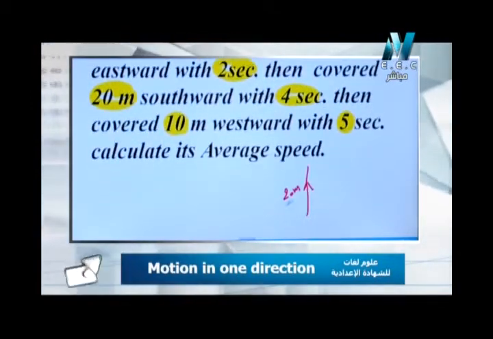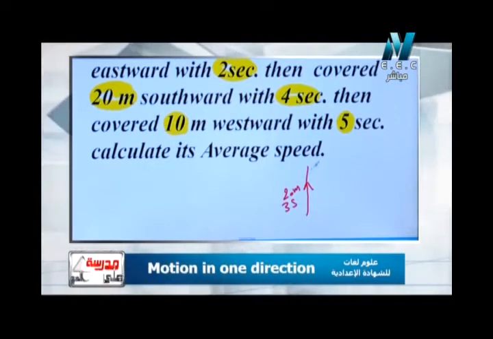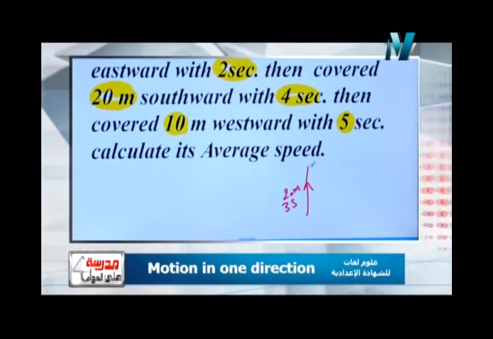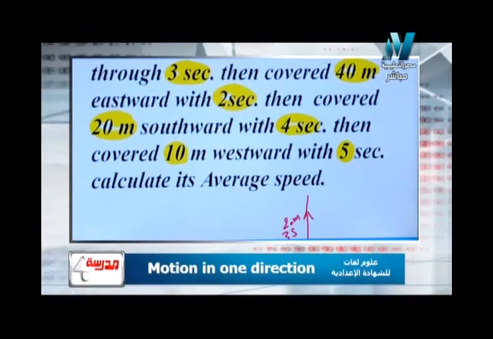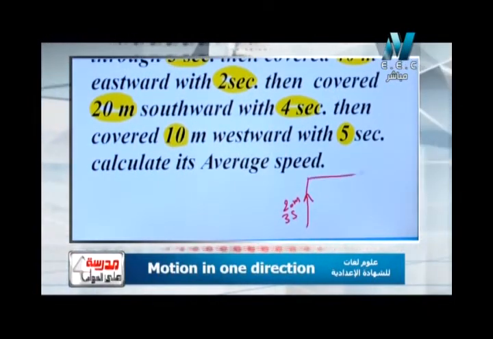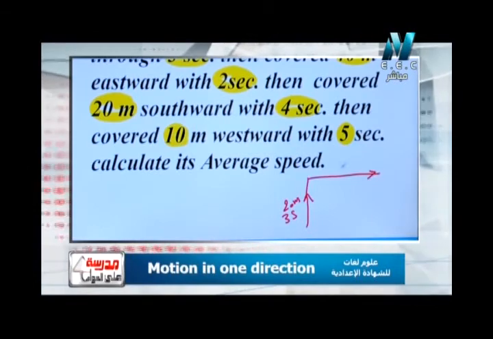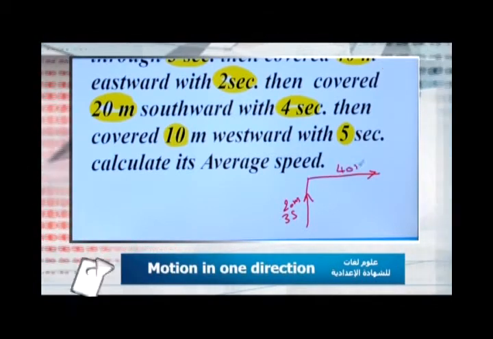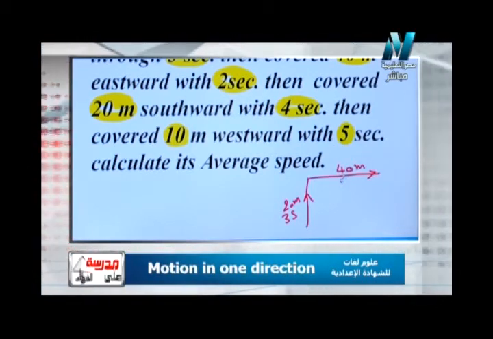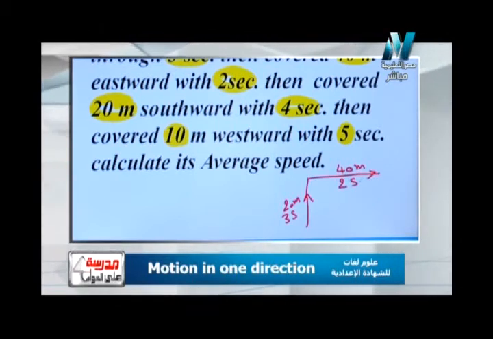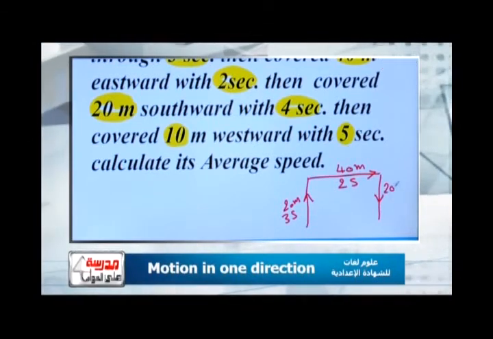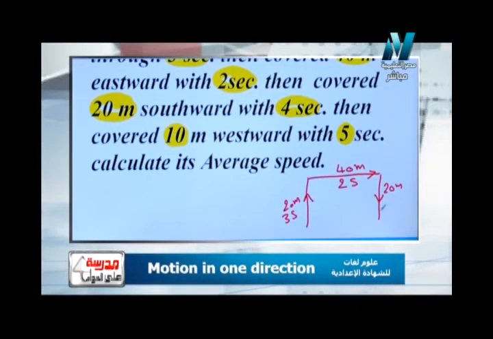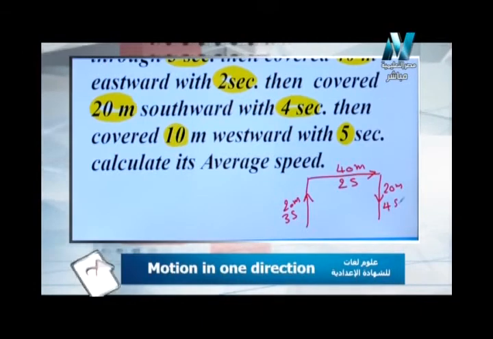يبقى هنا 3 seconds. Then covered how many? Eastward 40 meters with 2 seconds. يبقى هنا 40 meters eastward with 2 seconds. Then covered 20 meters southward يعني جنوبا with 4 seconds.